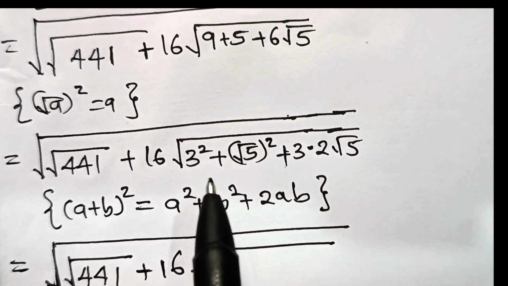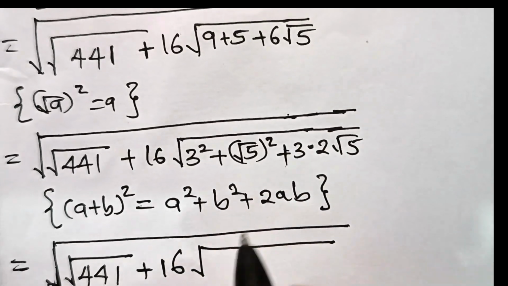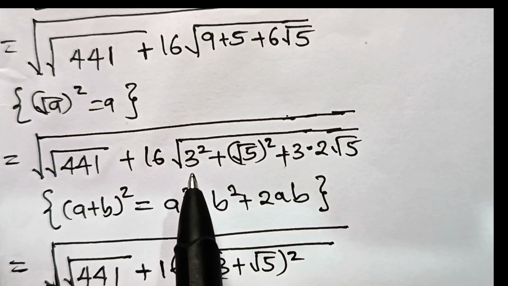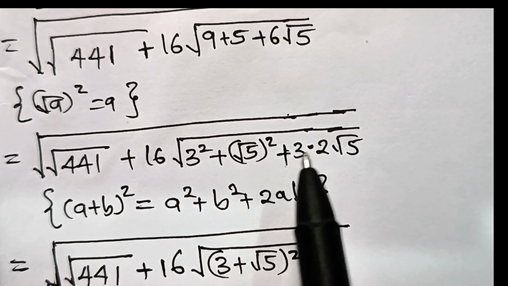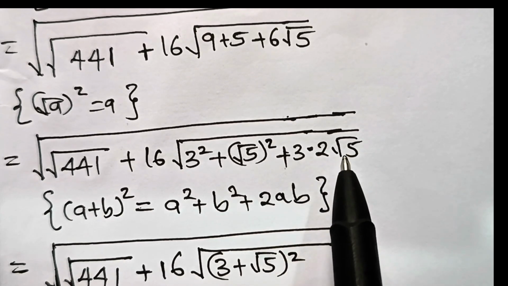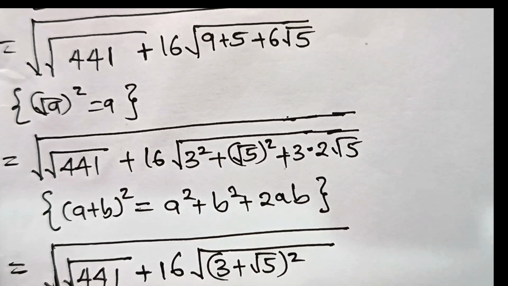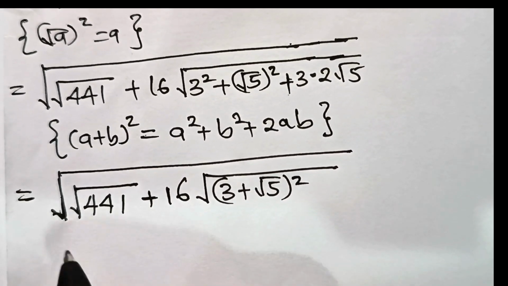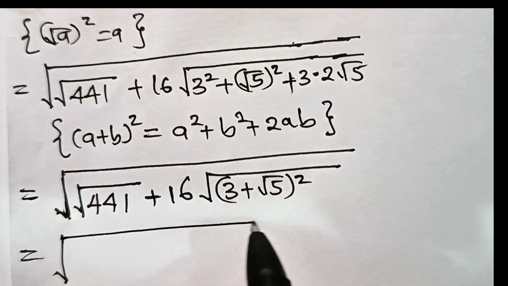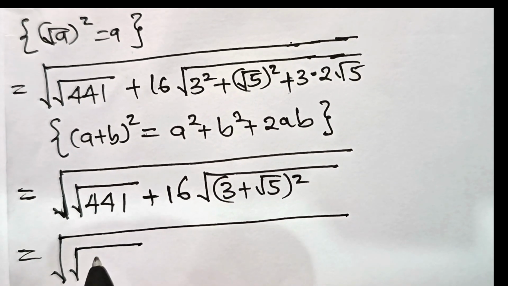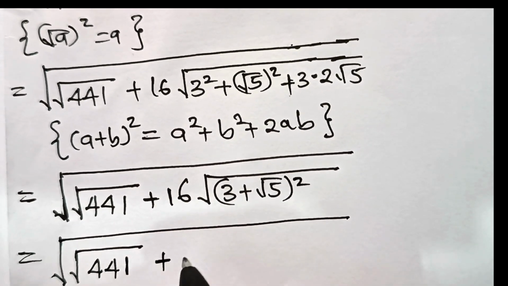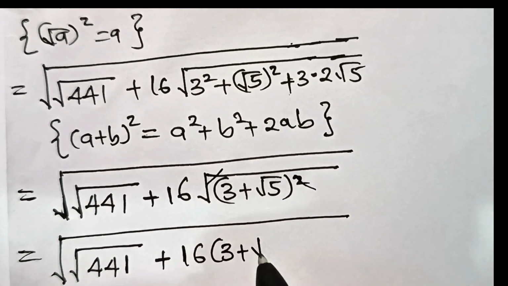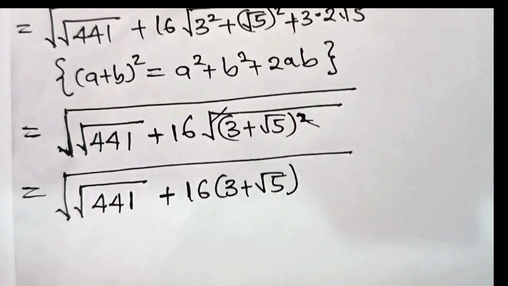Now this is the same thing as 3 plus root 5 squared, because this is the same thing as a squared plus b squared plus 2 times a times b, whereby our a is 3 and our b is root 5. So we have succeeded in doing this, so we can now remove this and this. So we now have the square root of 441 plus 16. This will now remove this. We have 3 plus root 5. You can see that this is getting simpler, right?